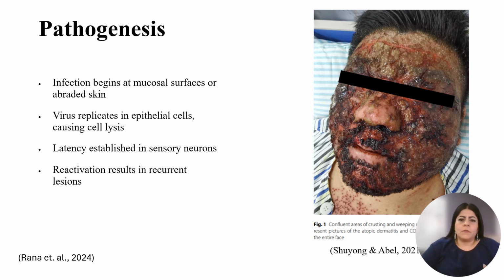Paradoxically, the immune response itself can exacerbate disease, contributing to conditions like stromal keratitis and encephalitis. HSV infections vary in severity among individuals, partly due to genetic polymorphisms that influence susceptibility to severe disease.